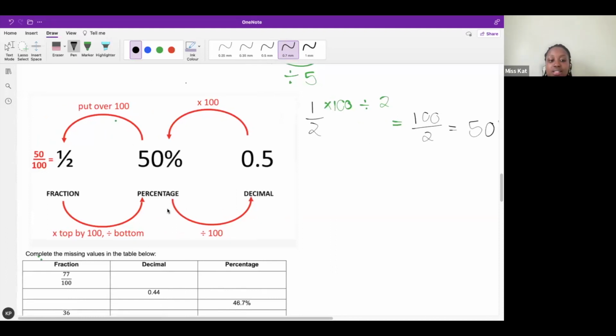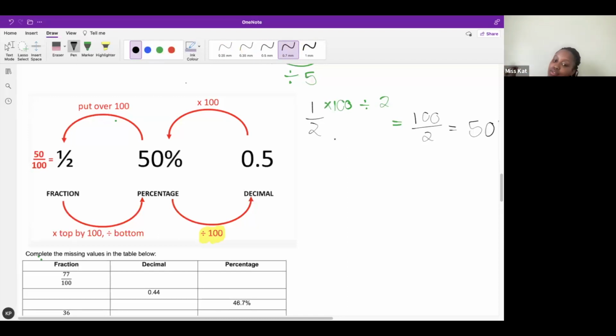Now, if you are at a percentage and you want to go to a decimal, you divide it by 100. Why do we divide by 100 specifically? Does anybody know? It's because percentage is out of what?